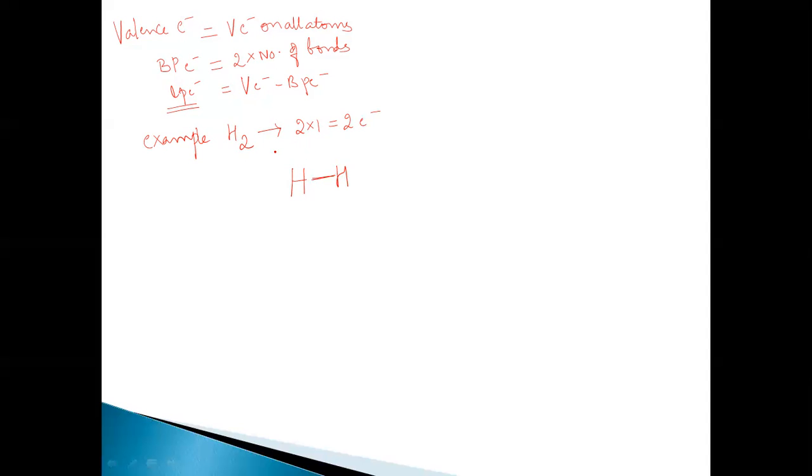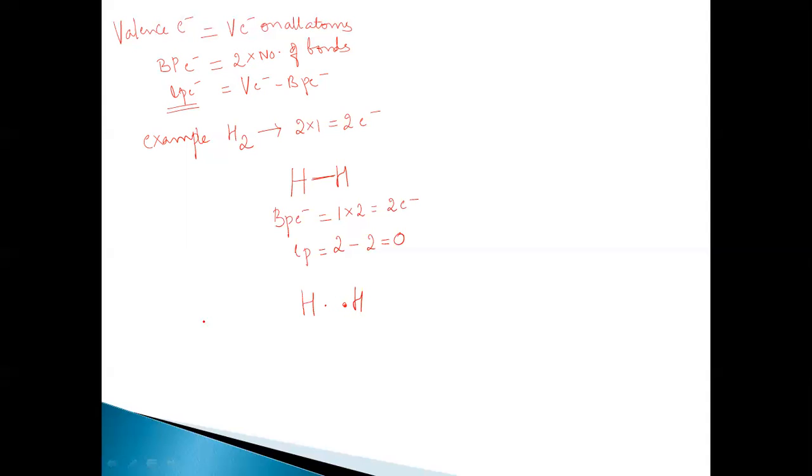Bond pairs: one bond into two electrons is equal to two electrons, and lone pairs: valence electrons 2 minus 2 is equal to 0. So the simple structure that can be written here is this one, the Lewis dot structure of the hydrogen molecule.